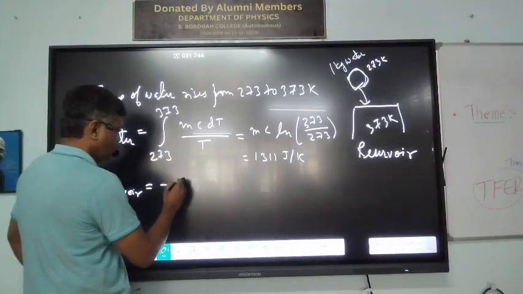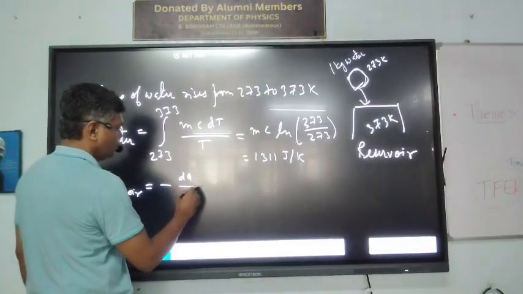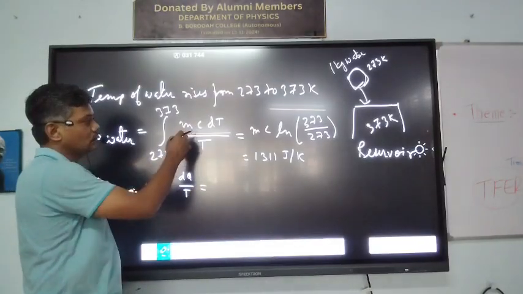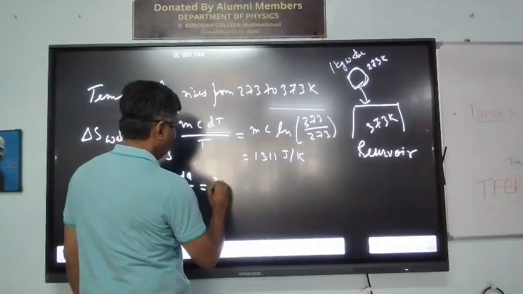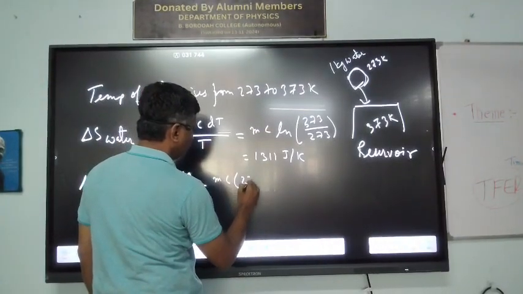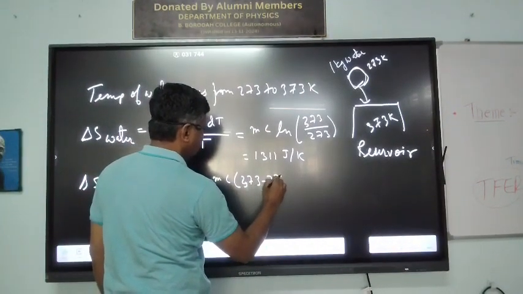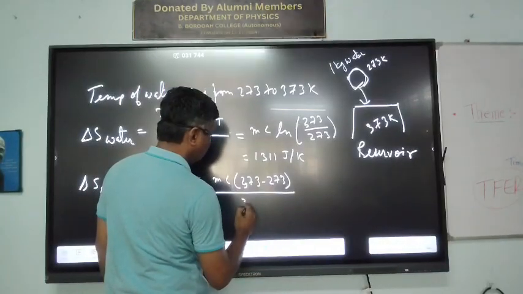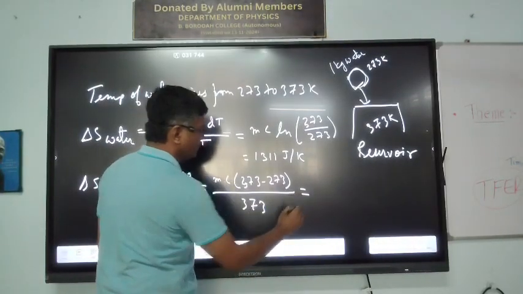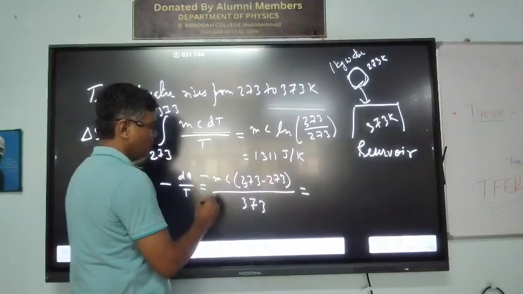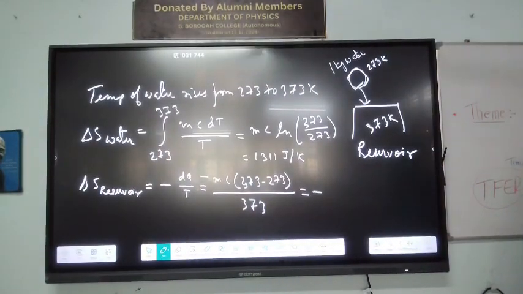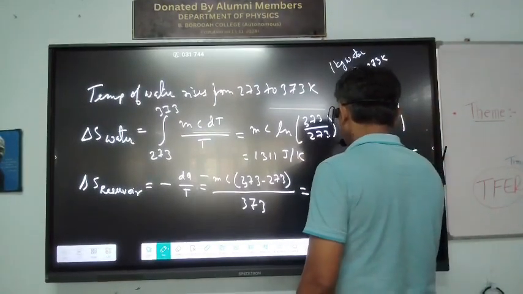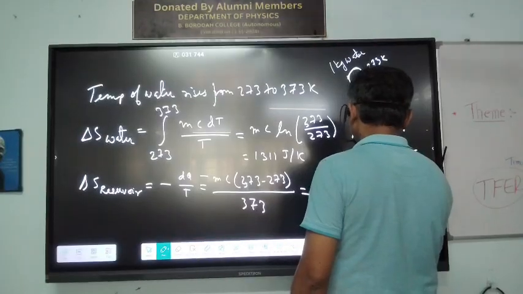Minus dq by T. So dq is how much? mc times 373 minus 273, divided by 373, and the answer will be 1126 joule per Kelvin.